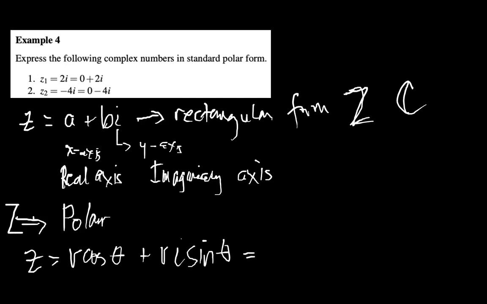Or in short, we can express this in terms of r cis theta, whereas r is the radius, c is the cosine, i is the imaginary number, the unit imaginary number, or the pure imaginary number, and s is the sine, and the angle is theta, and the theta is distributed to cosine and sine, as you can see here. Okay, or there is another way to write this one, guys. That's e^(i theta). Ayan, that's another way to write this polar form, and this is what we call the exponential form. Okay, pero don't worry about this, guys.